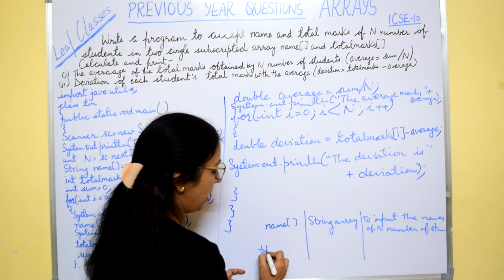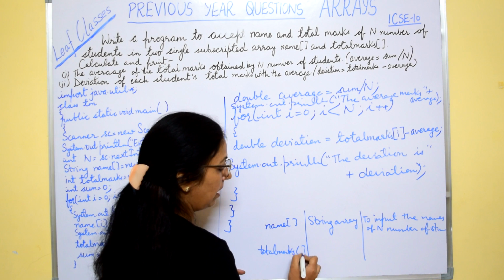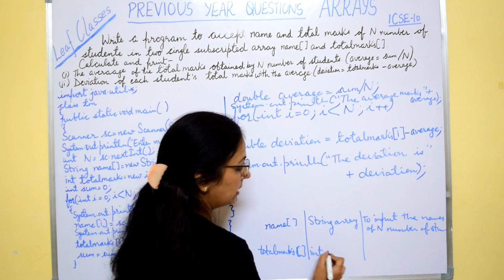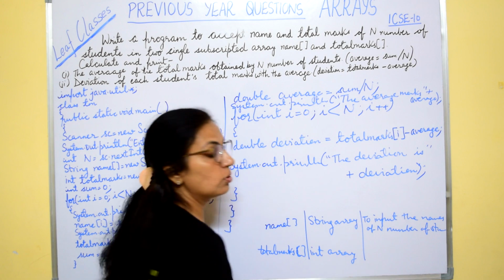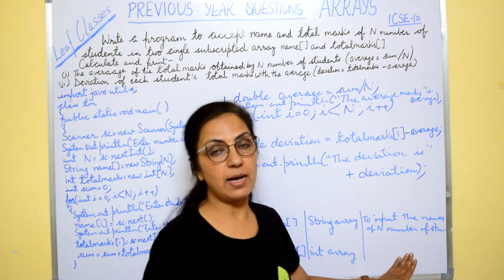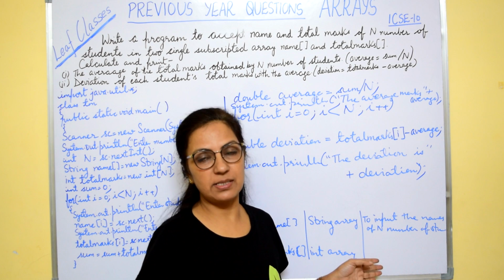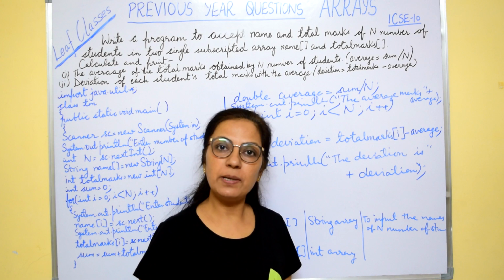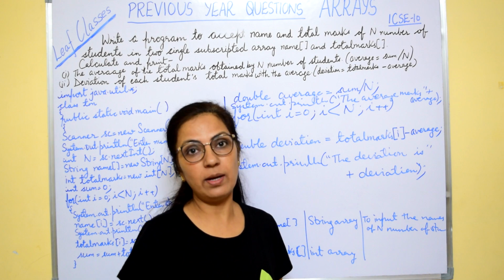Similarly, for total marks also, total marks is again an array. So which type of array is it? Integer array, and here you can write to input the total marks of n number of students. So don't worry about the variable description table. For which purpose you have taken that variable, what is the type of that variable, you will write like that only.